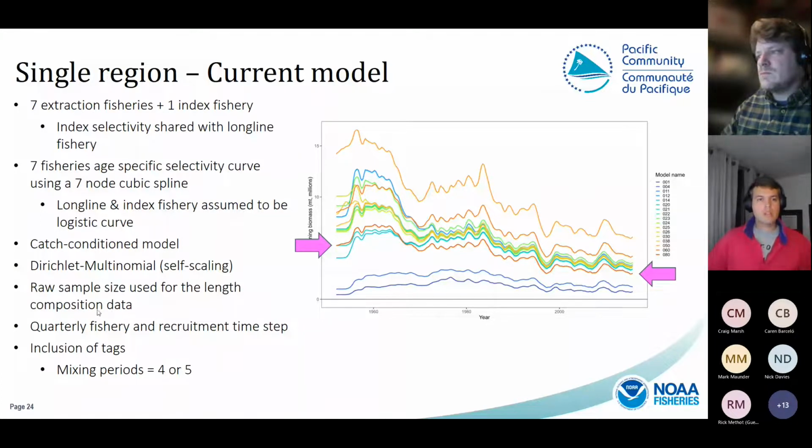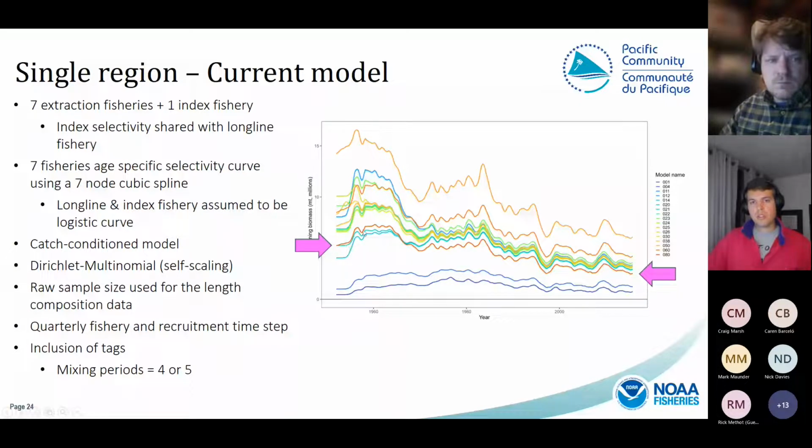So whatever that was, that's what we used. And then in terms of the fishery and recruitment time steps, it was at a quarter. And so considered a number of models, some of which are very early on in development, so these blue ones here. Eventually we kind of narrowed it down to a clump of models that all had very minor tweaks between them.